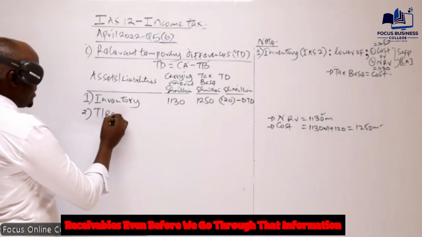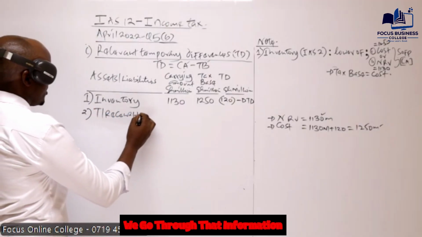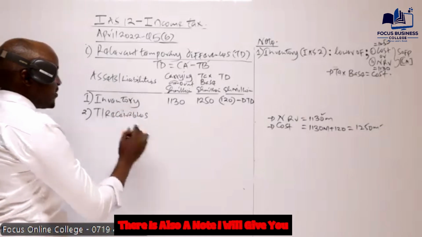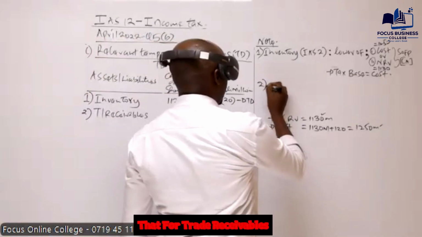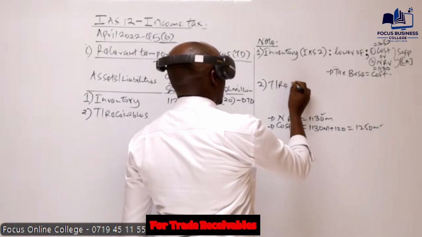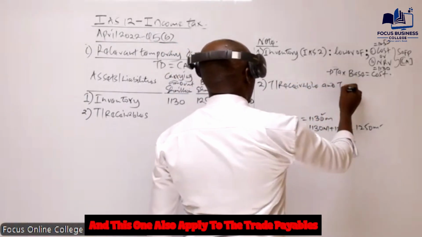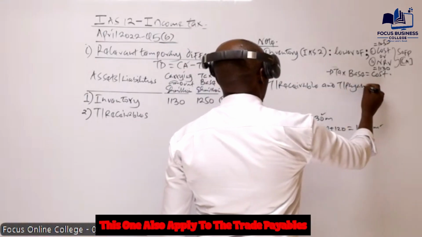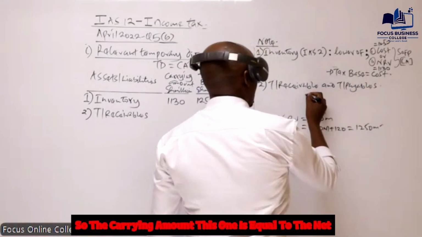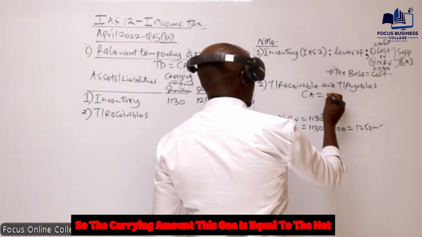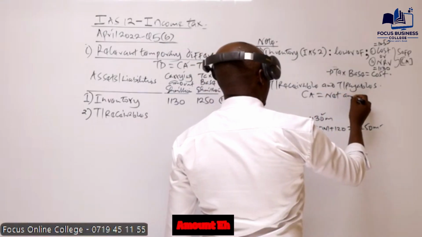Even before we go through that information, there is a note I will give here that for trade receivables, and this also applies to trade payables, the carrying amount is equal to the net amount.